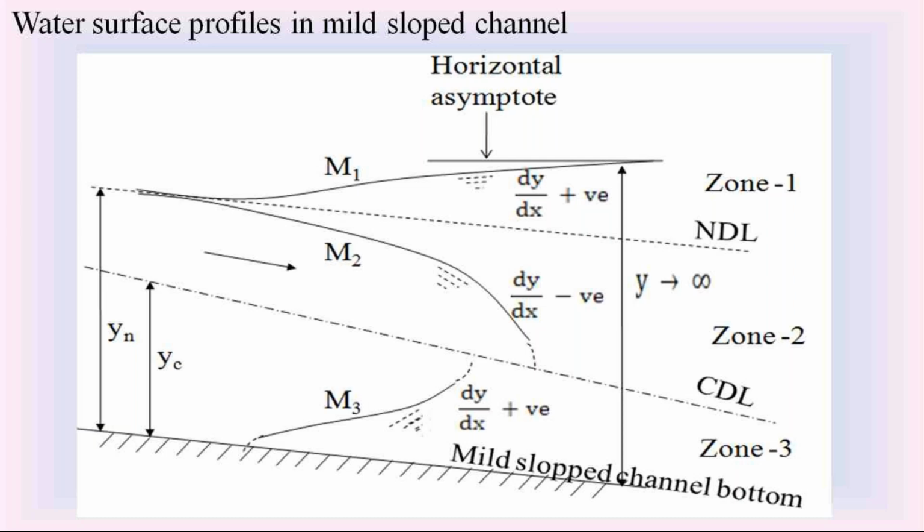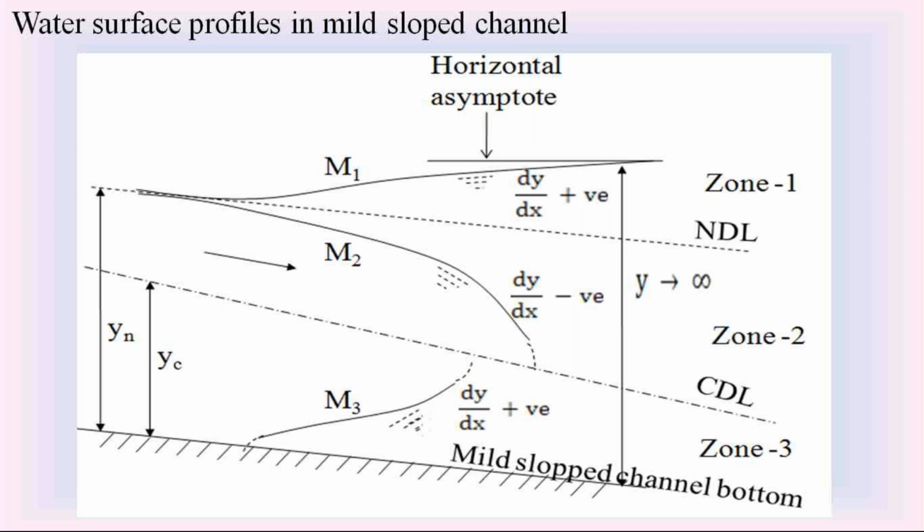M3 is a rising water surface profile. M1 is called a backwater curve because it is a rising water surface profile. M2 is called a drawdown curve because it is a falling water surface profile. M3 is also called a backwater curve because it is a rising water surface profile.